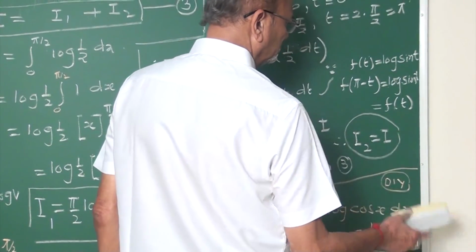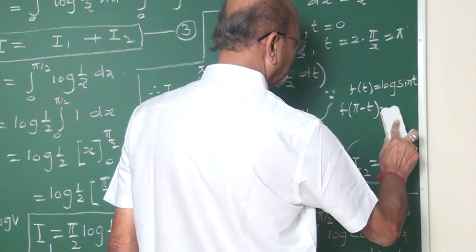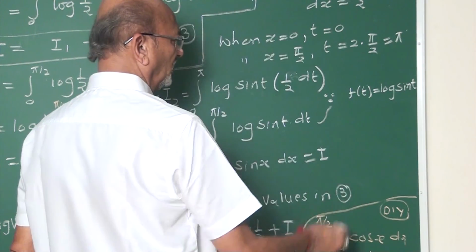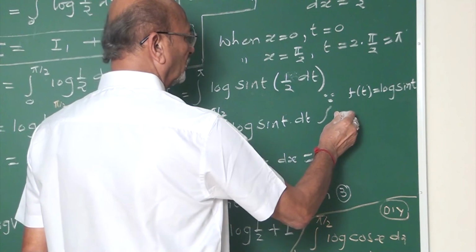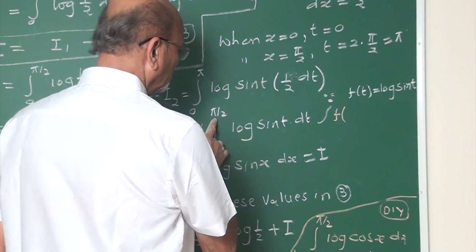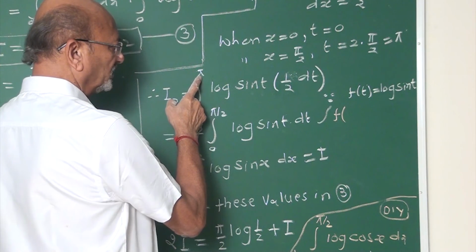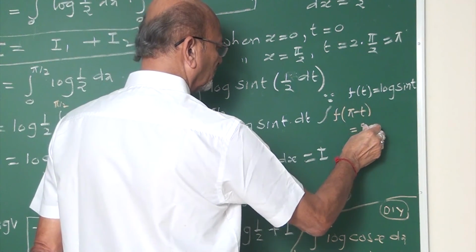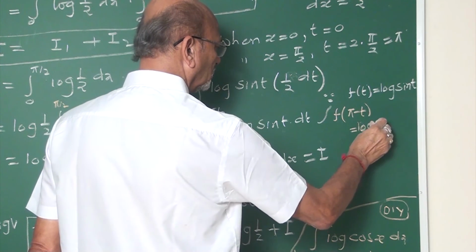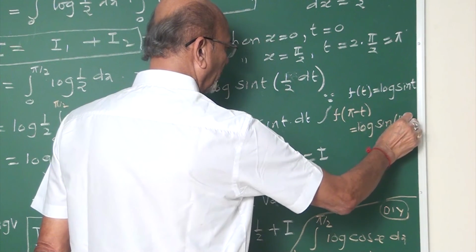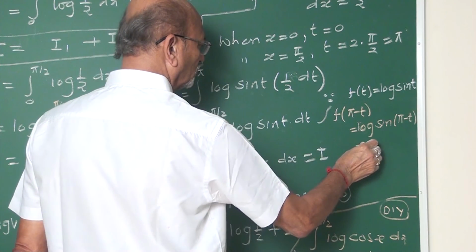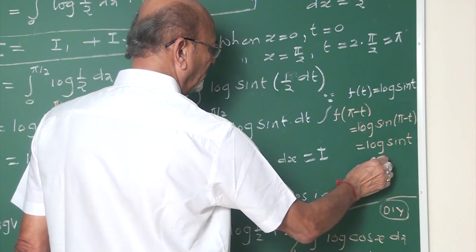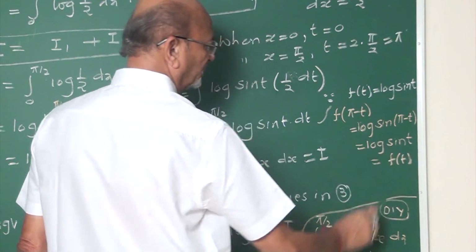See, we have taken f of t as log sin t. Replacing t by the upper limit pi minus t, we get log sin of pi minus t equal to log sin t, no change, since in the second quadrant sine is positive.